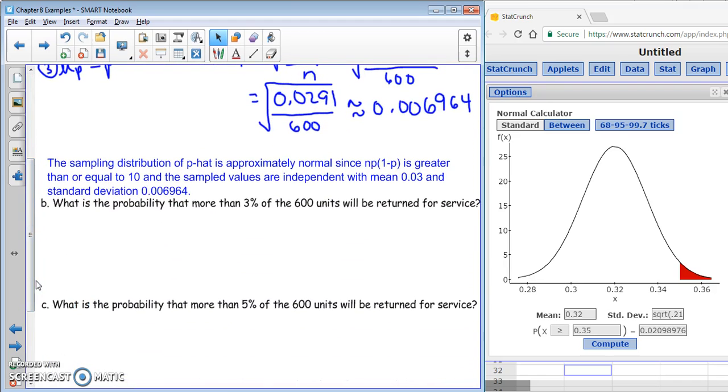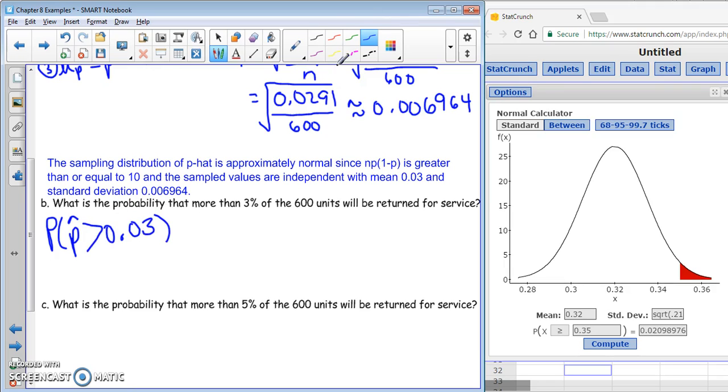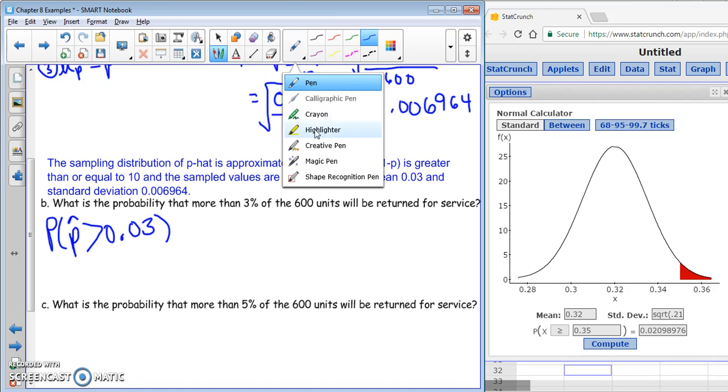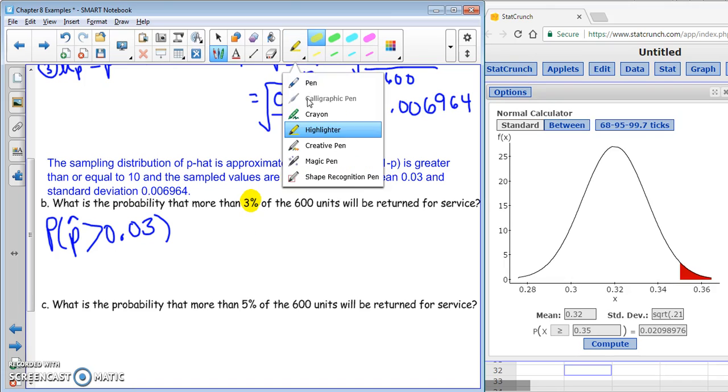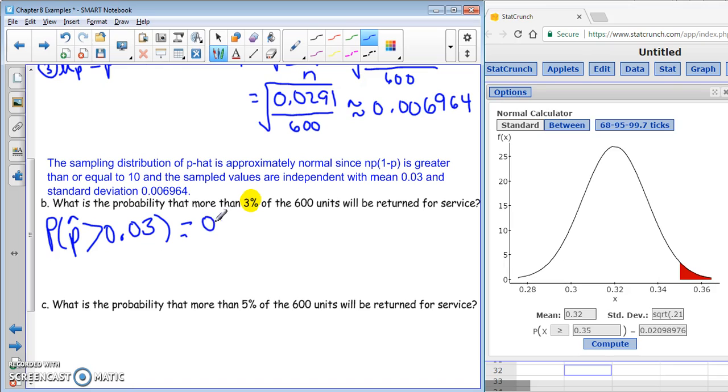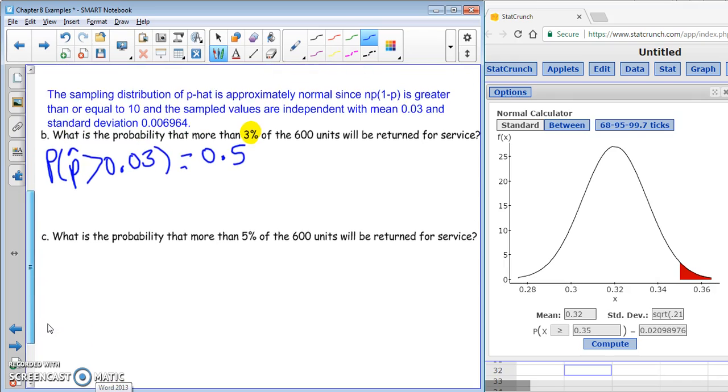Now we want to know the probability that more than 3% of the 600 units will be returned for service. So we're looking for the probability that p hat is greater than 0.03. What do you notice here? This 0.03, or the 3%, is the mean, so this should equal 50%.